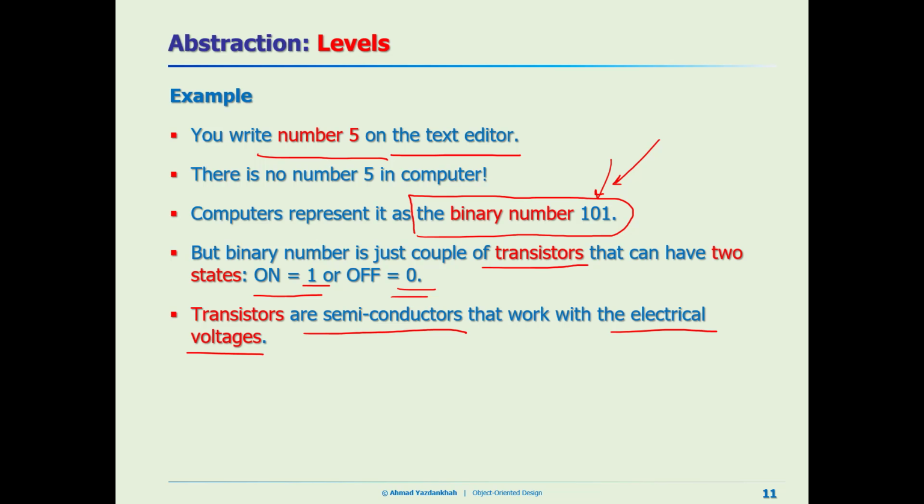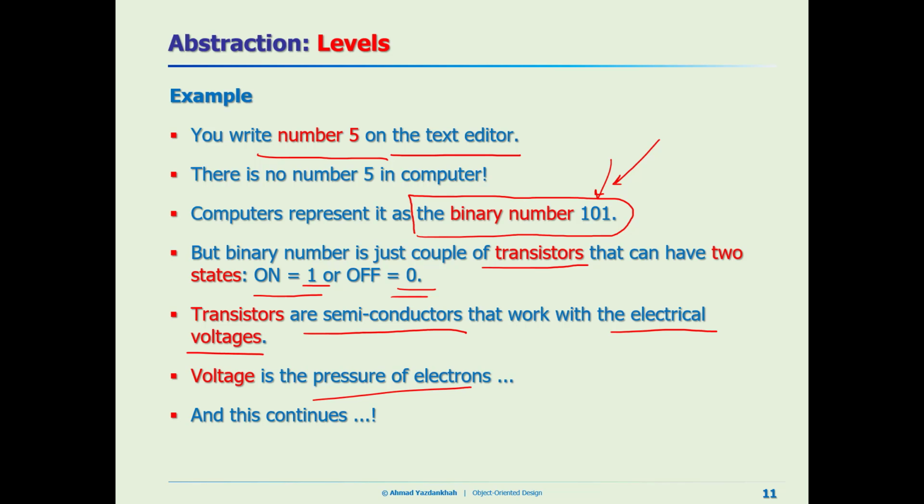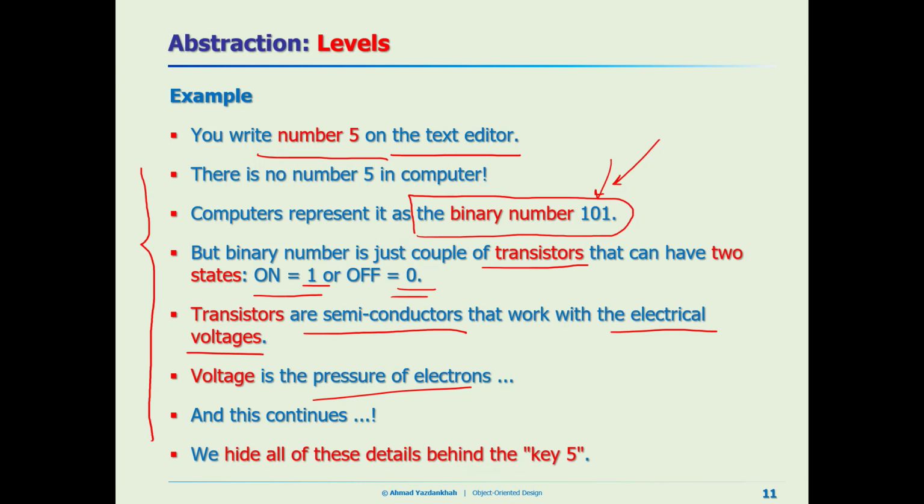But what is voltage? We can continue a lot. It's the pressure of the electrons. But all of this stuff we don't care about, right? We just press the key. All of this stuff is hidden behind the key of the keyboard, the key number 5, let's say, the key that is showing 5.